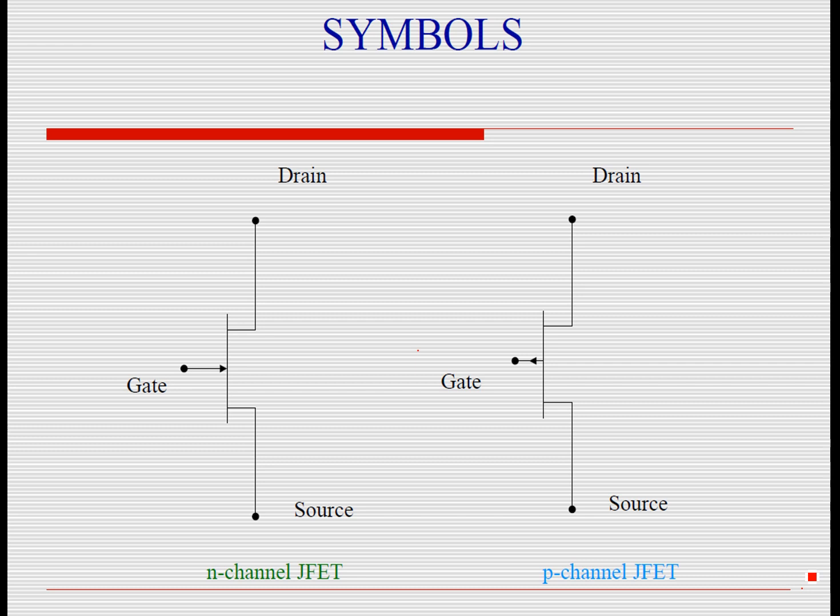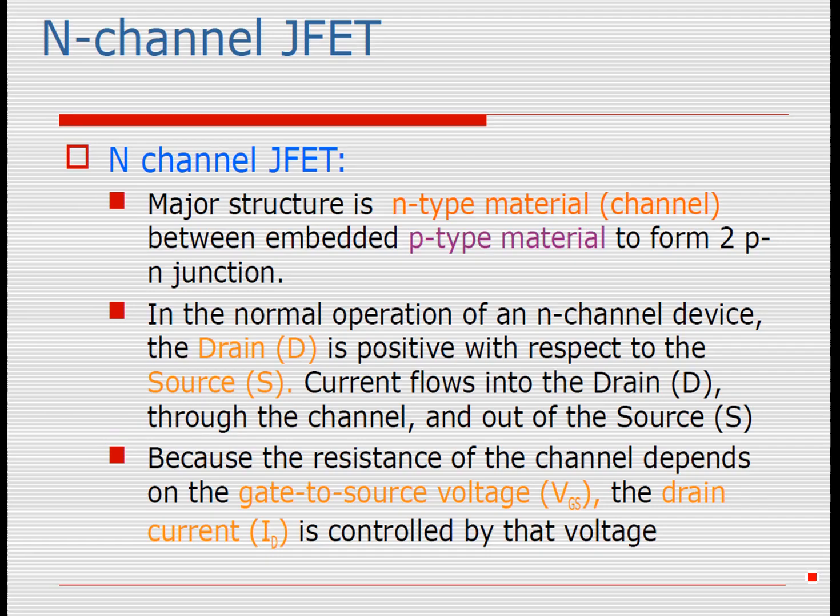Now let's discuss the construction of the N channel JFET. In the N channel JFET, the major structure is N type material, that is the channel, embedded between P type material to form two PN junctions.